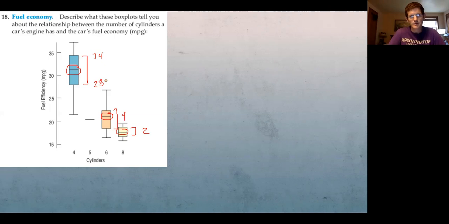When we can show that comparison and how the spread is changing, you don't have to absolutely mention everything, but the center and the spread are going to be key things. If there is an outlier, you might mention it, though honestly the outlier doesn't matter a whole lot here.